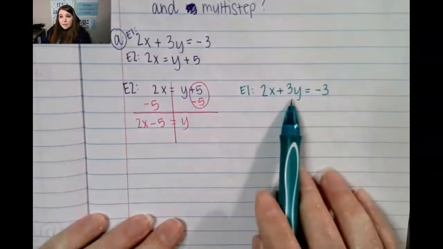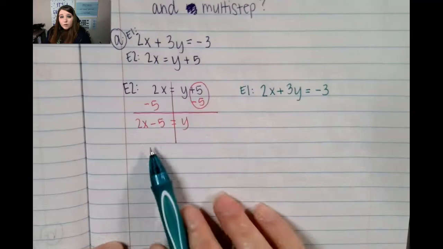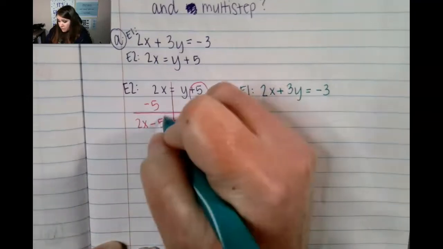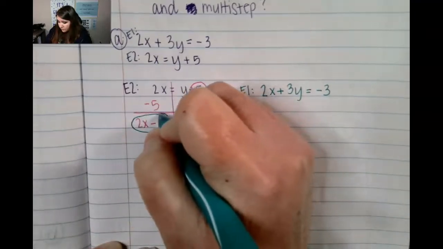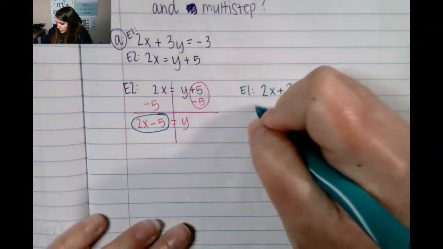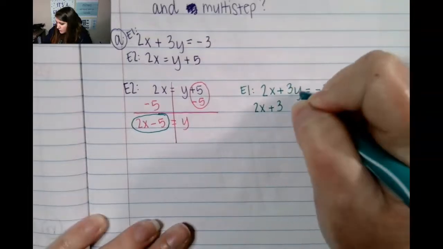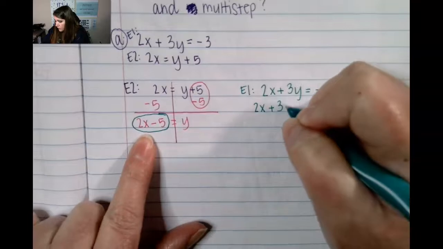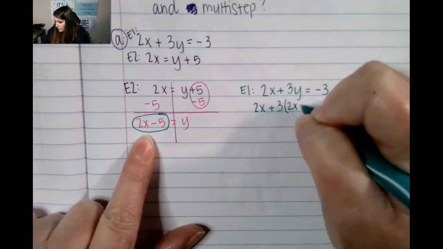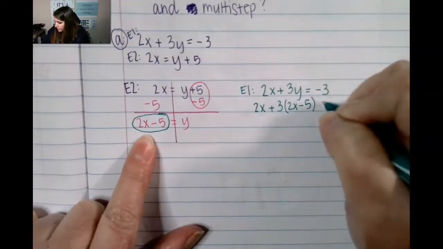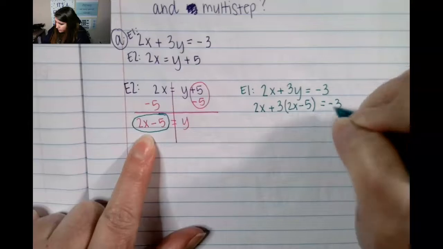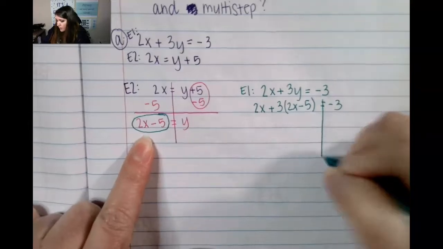We're going to take this y and fill it in with the information right here. So now it says 2x plus 3 times y. So let's fill in 2x minus 5. And now we're ready to solve.